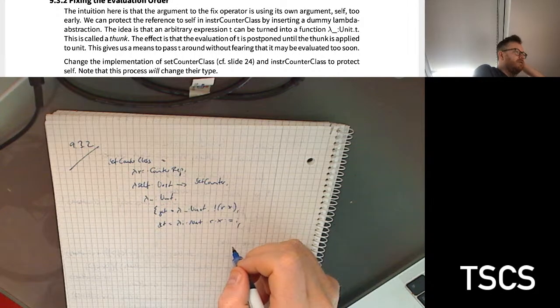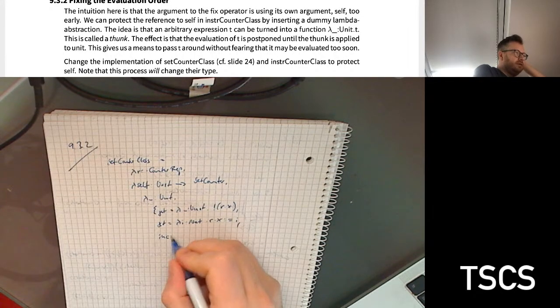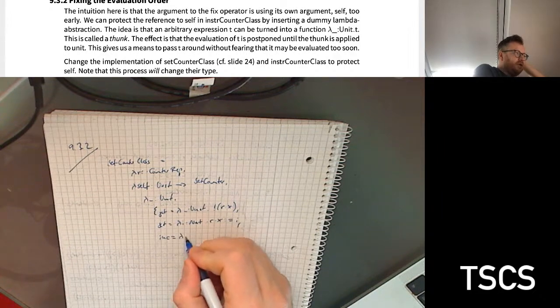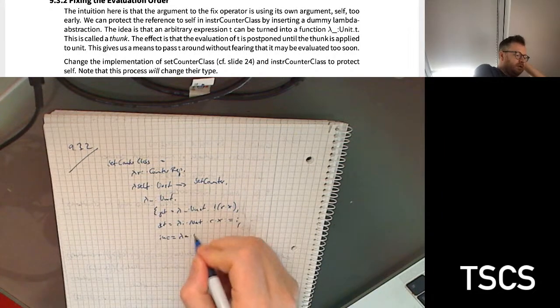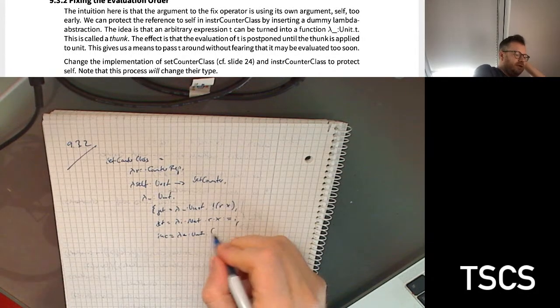And now we have something that uses self, the inc. And now we can actually force evaluation of self and use it in this way.